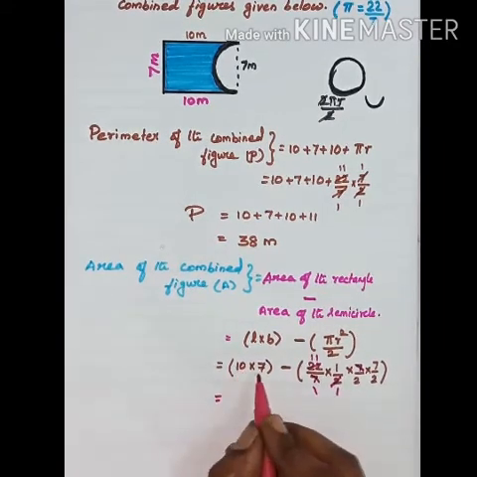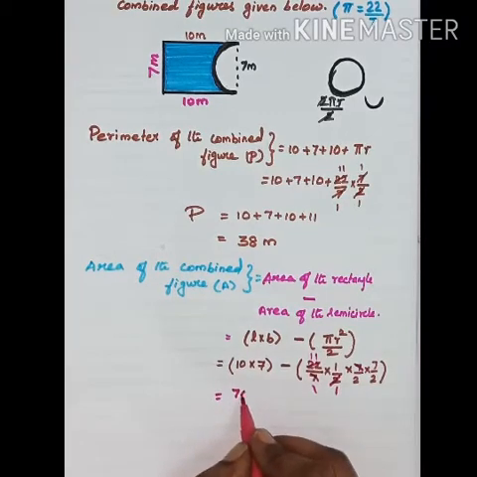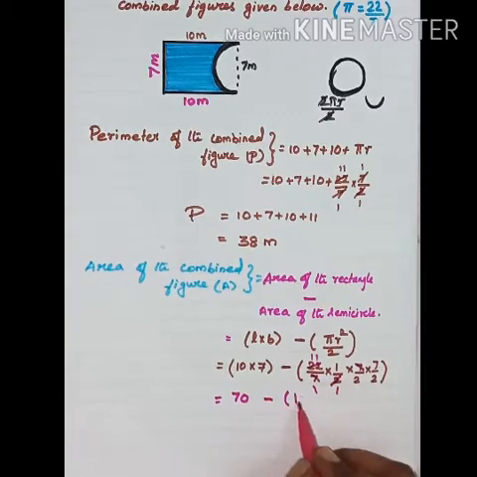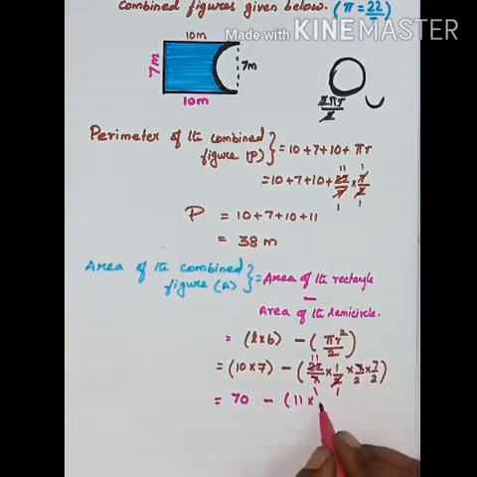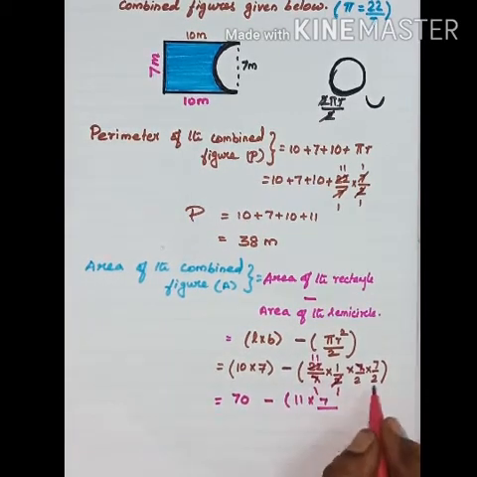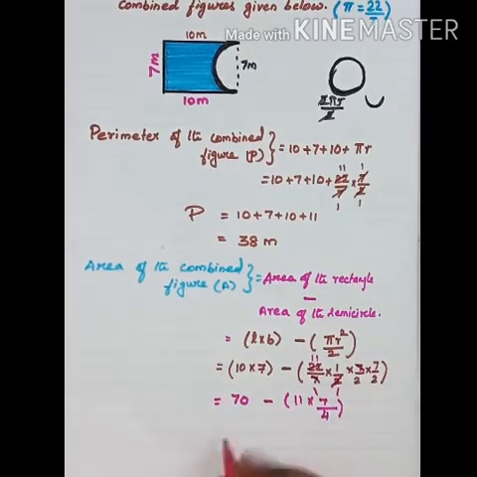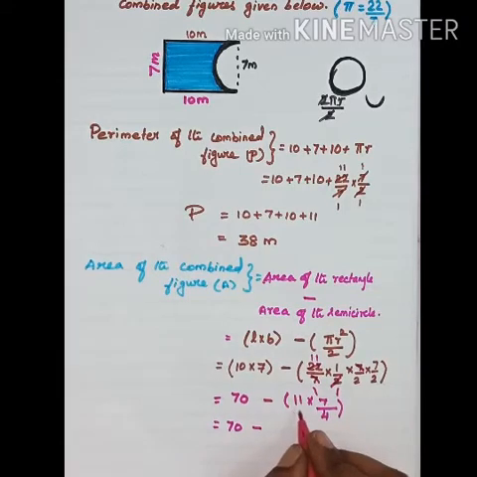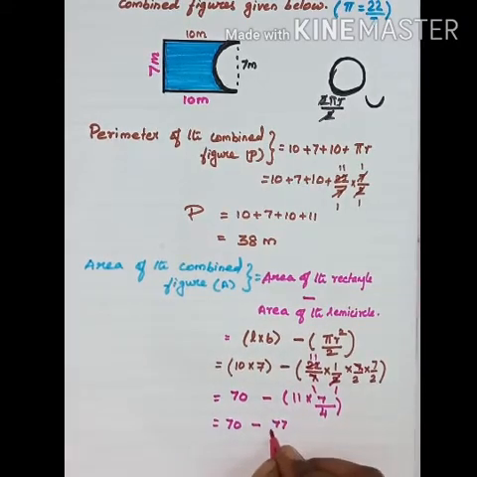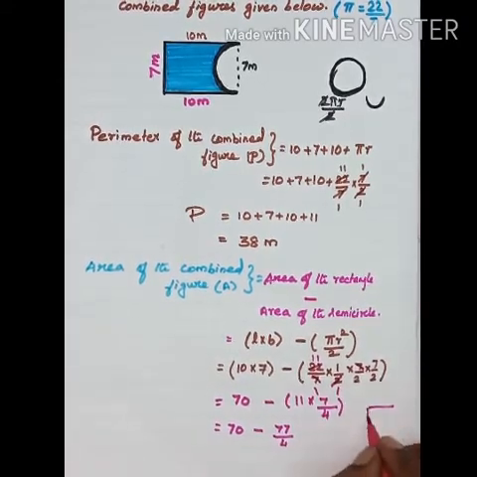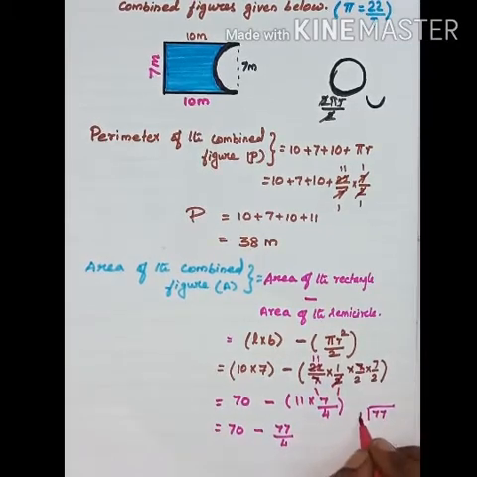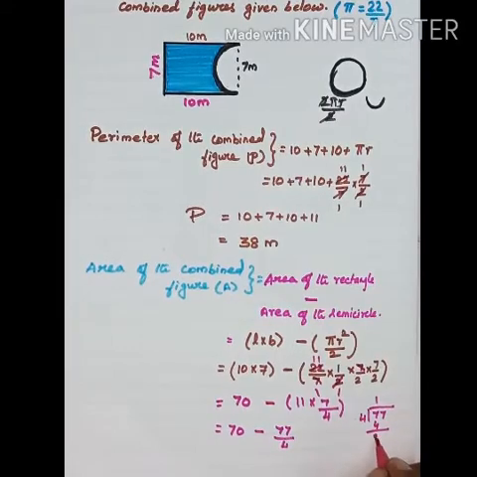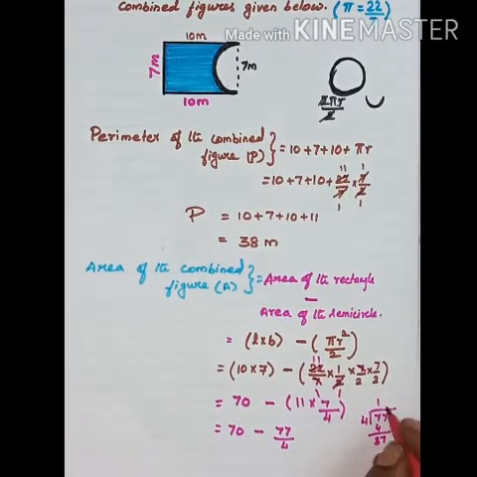Remaining is 10 sevens are 70 minus 11 into 7 by 2 twos are 4. 70 minus 77 by 4. Divide 77 by 4. 1 fours are 4. Balance 3. 37.